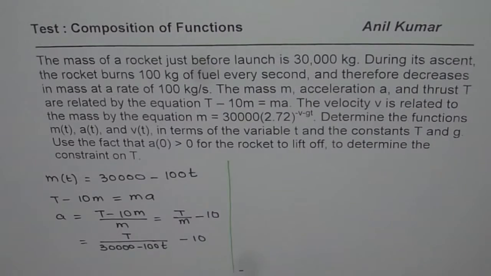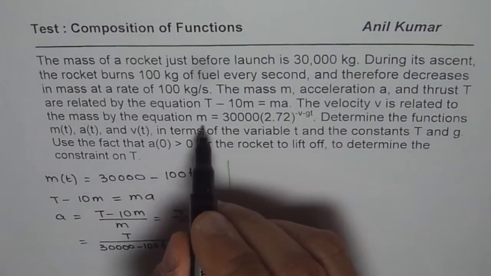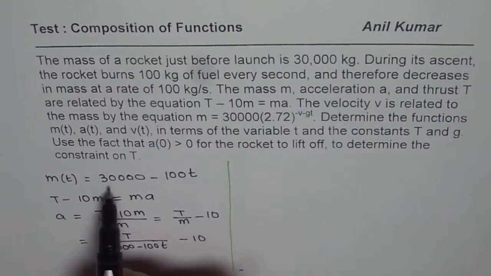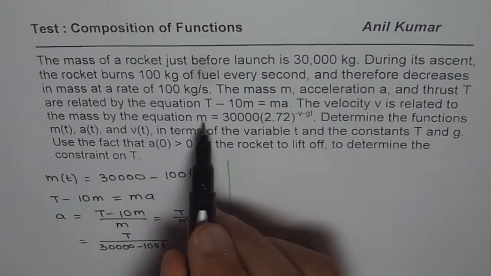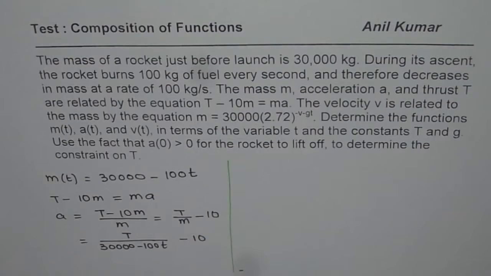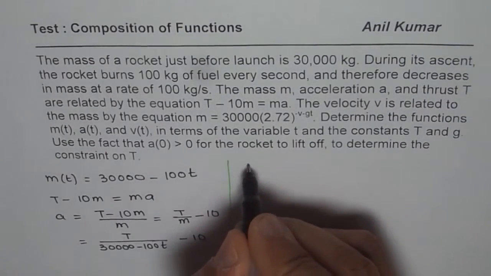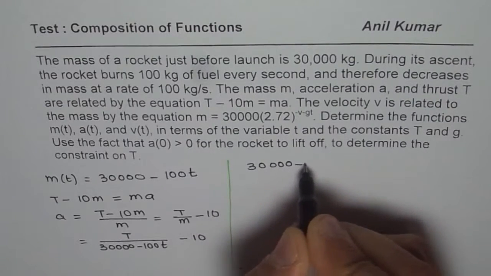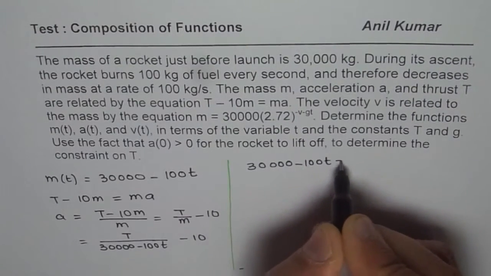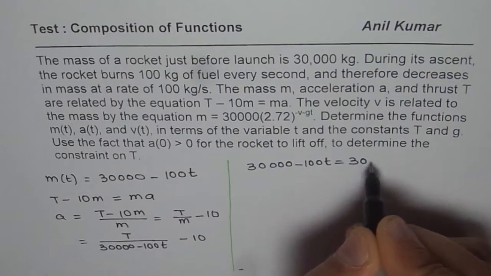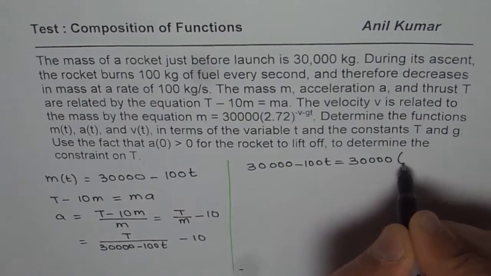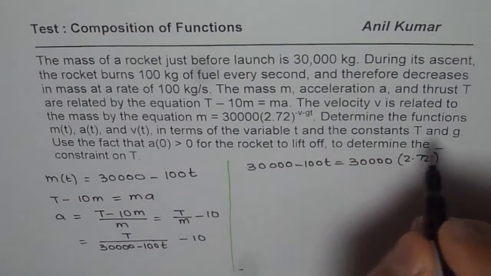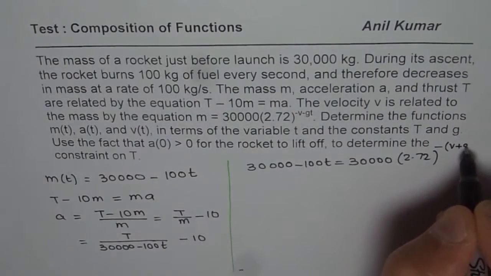We have the equation as mass equals 30,000 times this number, so instead of mass we'll write the expression for mass, which is 30,000 minus 100t, equals 30,000 times 2.72 to the power of minus. Let me take minus common, so we get v plus gt.